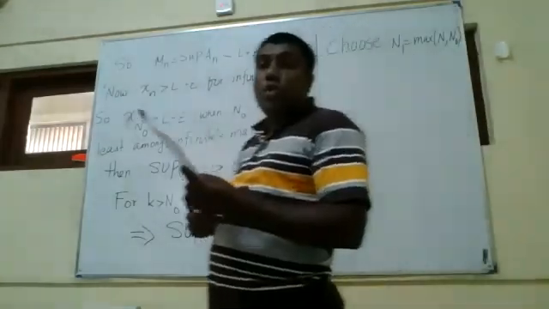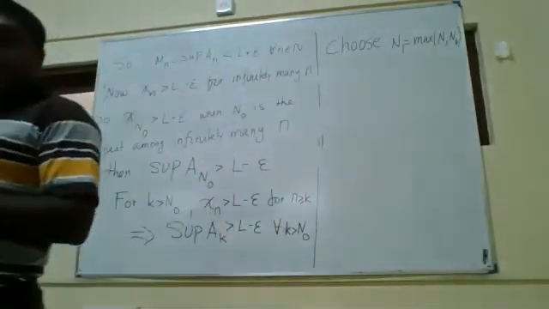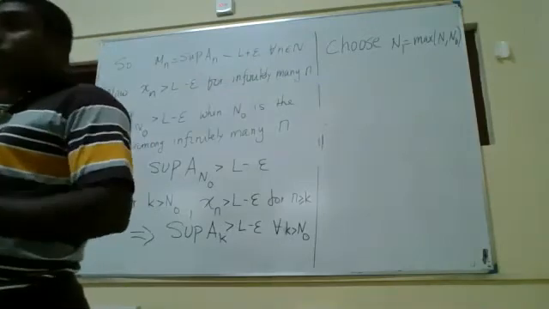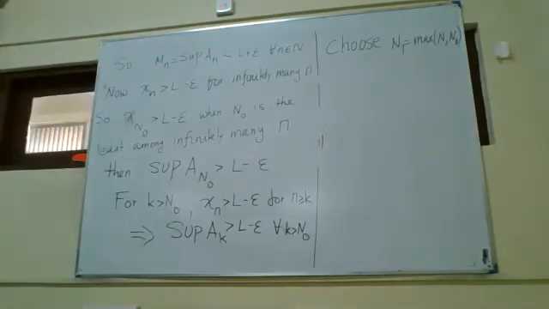Okay, so we choose N1 as the maximum of N naught and N, right? So that is the maximum.